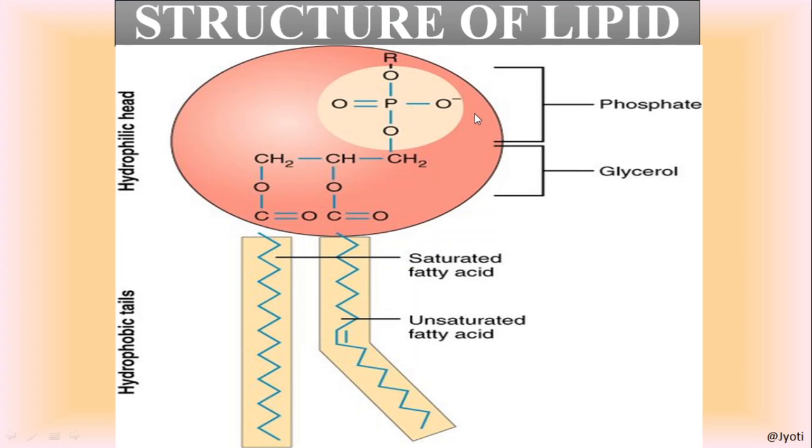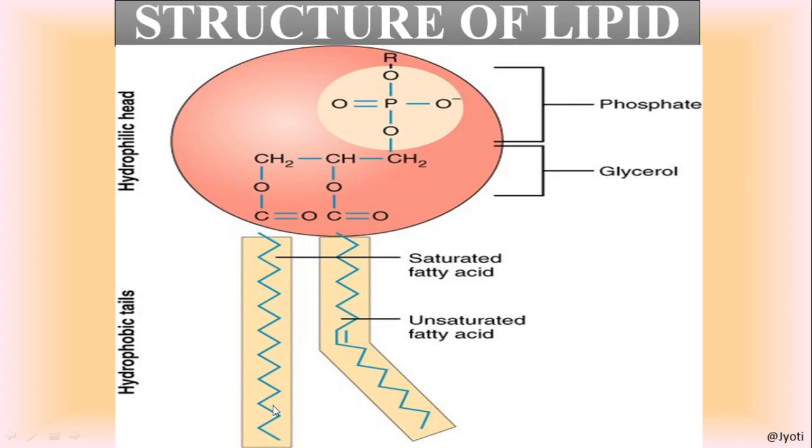Each lipid molecule has two parts. One is the hydrophilic head. That means this portion of the lipid is soluble in water. The other is the hydrophobic tail. The tail part consists of fatty acid, which is not soluble in water.